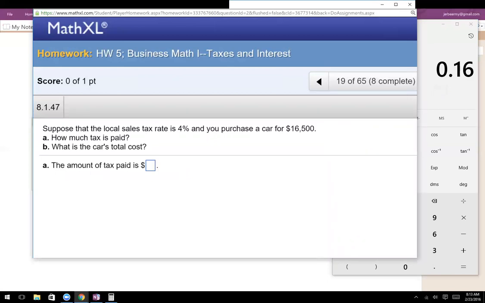Okay. So taxes, well, sales tax is kind of the easiest one. Basically, it's like every dollar you spend, the government takes an extra whatever percent for it. So if you buy a car for $16,500, and the sales tax rate is 4%, the tax is just 4% of $16,500. So that 4% is the percent.